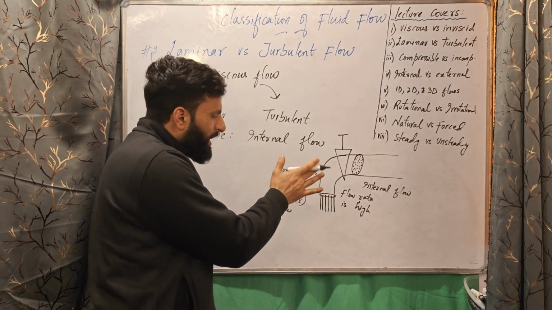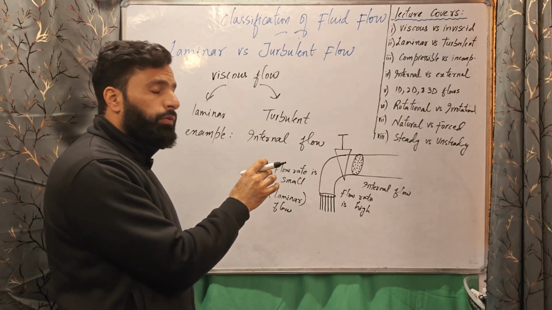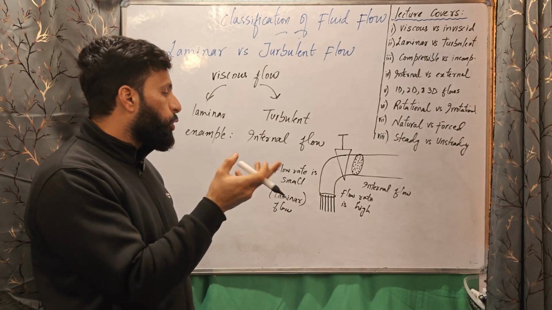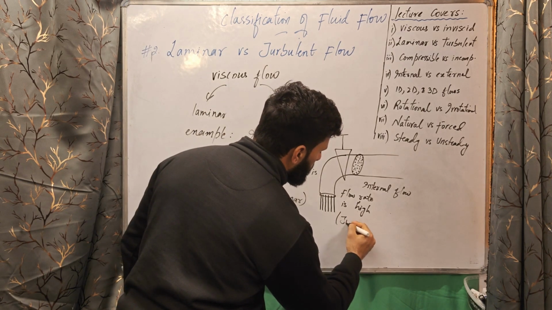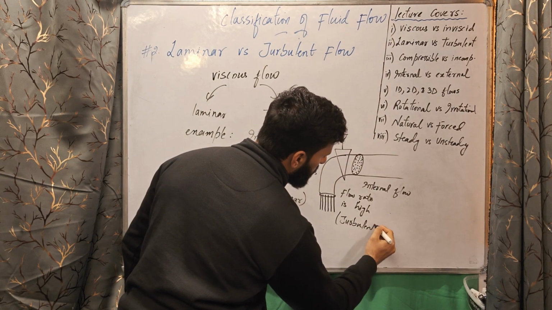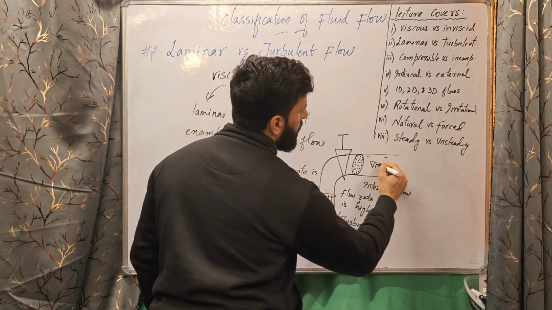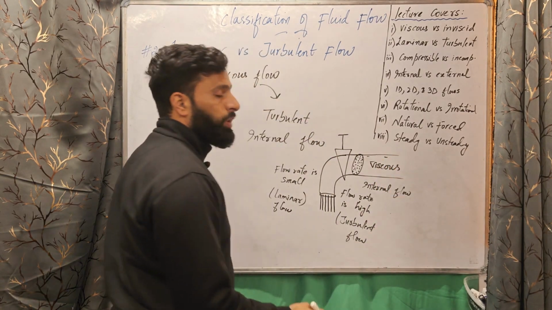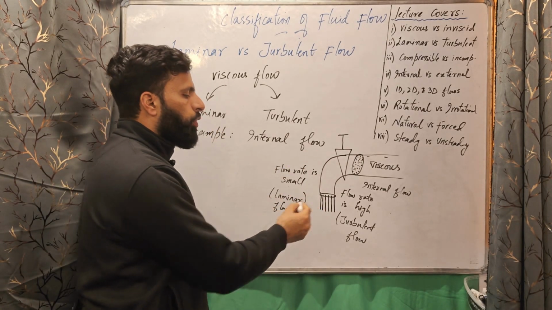It is made of layers, but one layer is crossing another, so different layers cross each other, so the fluid particles mix with each other while flowing. It's called turbulent flow. So same viscous flow has been divided into two categories, laminar flow and turbulent flow.